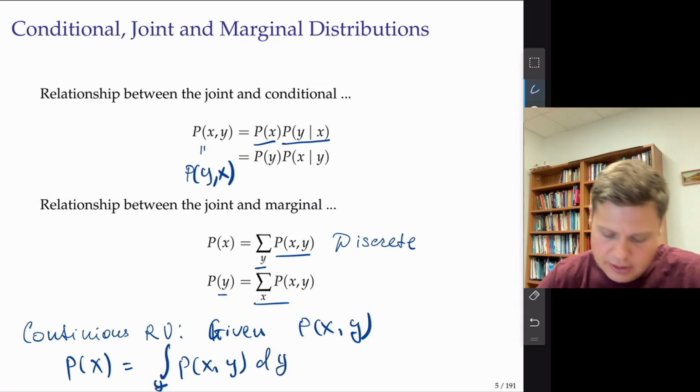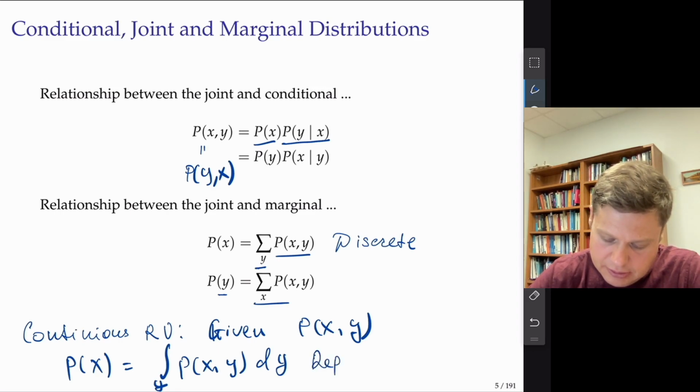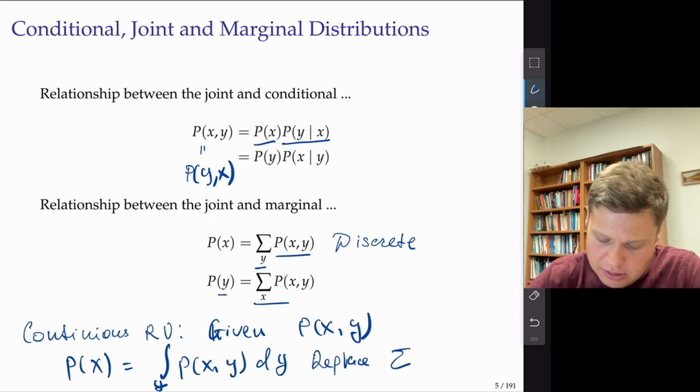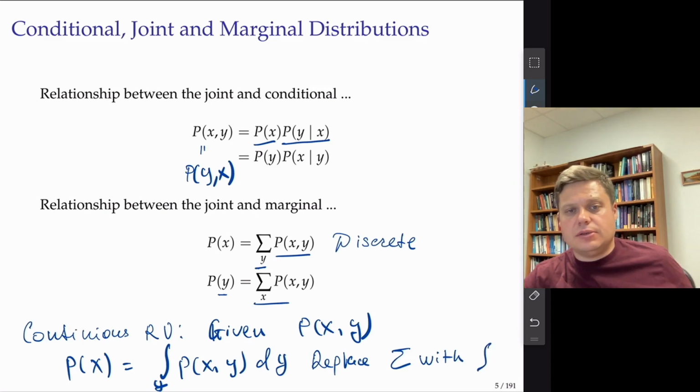Okay, so again, you just replace summation with integration. That's all it is.